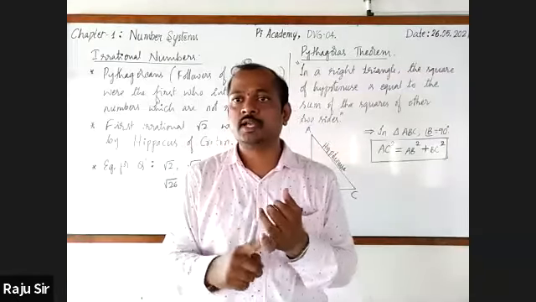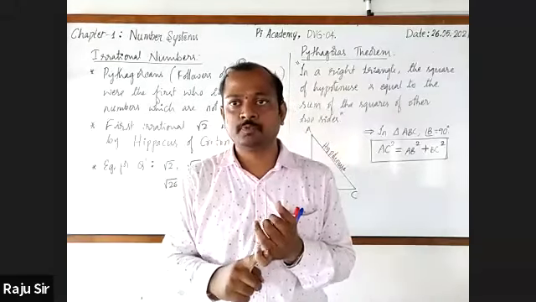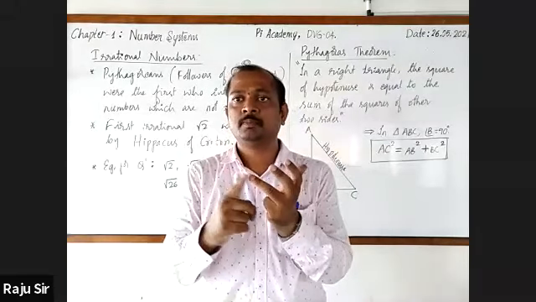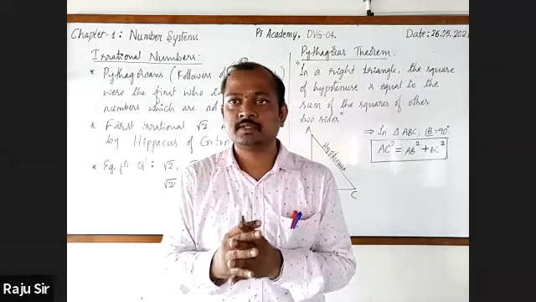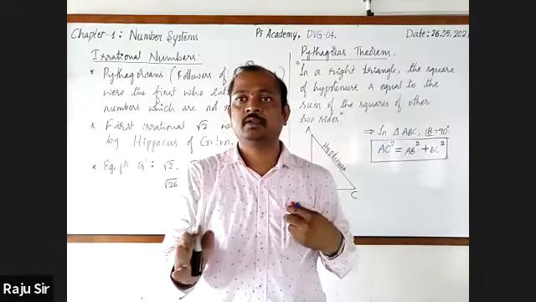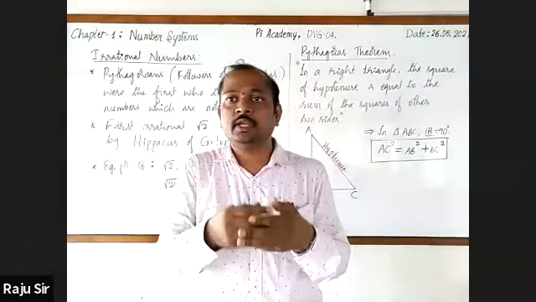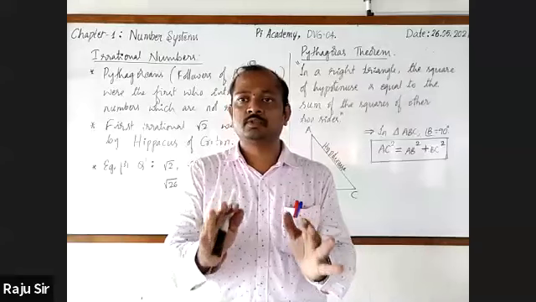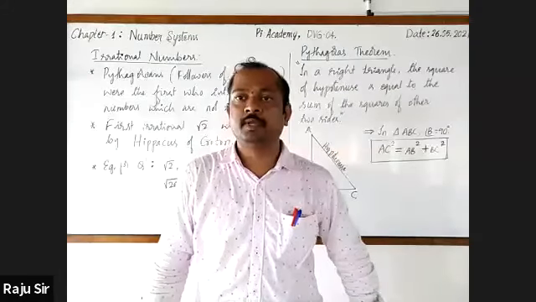By tomorrow's class, you should get ready with an instrument box without fail. There must be scale, pencil, sharpener, compasses, protractor. So when we are teaching, don't go in between to bring the material. You should get ready with all this material along with your notebook and pens.